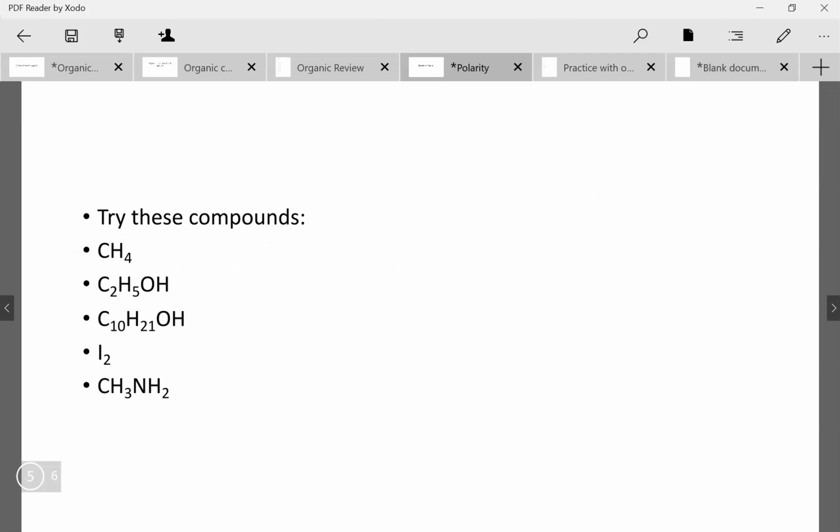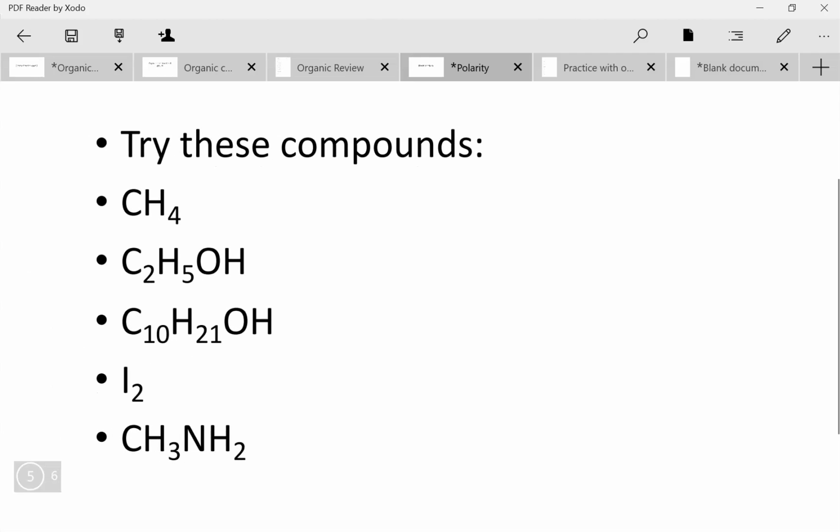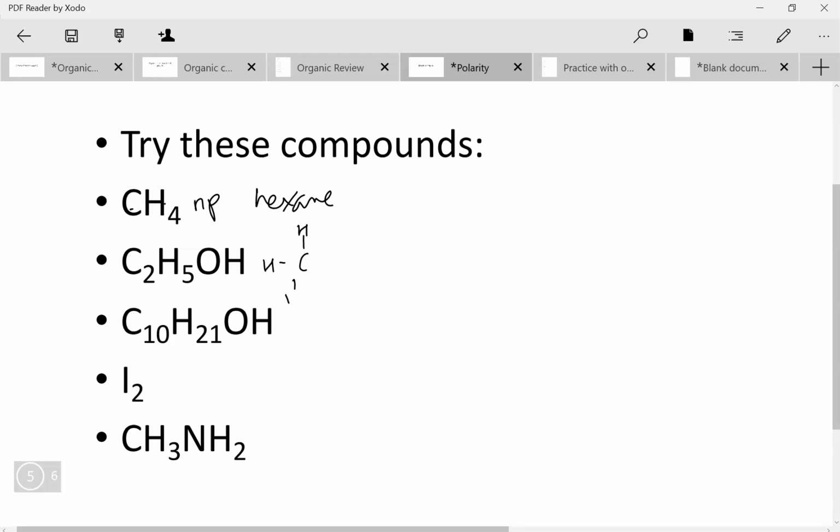So we'll do some examples. CH4 is nonpolar. It has only carbon-hydrogen bonds, right? So it's a nonpolar molecule, so it will dissolve in hexane. C2H5OH has carbon connected to hydrogens, so that's kind of nonpolar, but it also has carbon connected to an oxygen, and oxygen connected to hydrogen. These are polar.